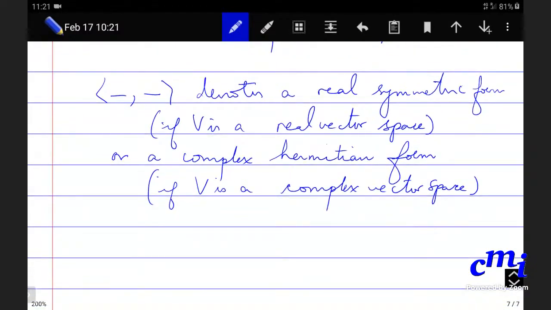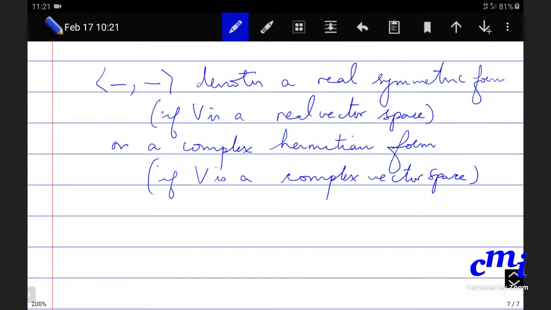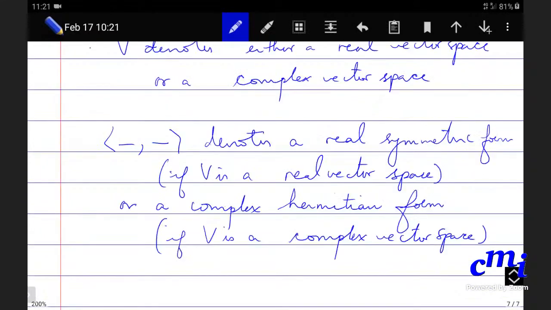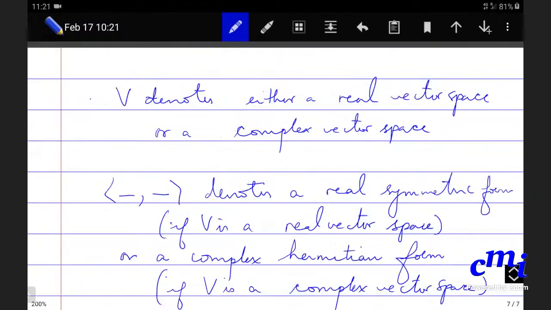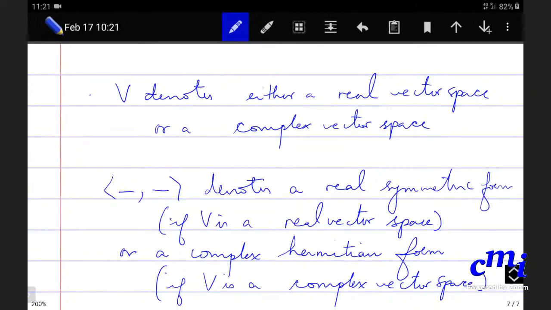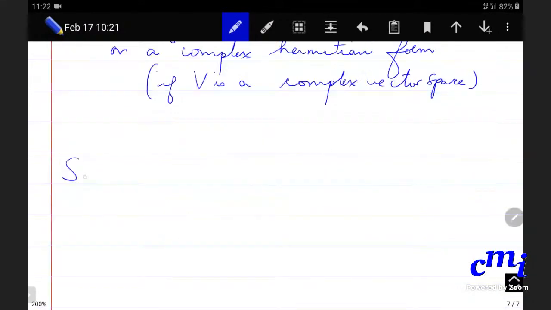So remember that we started out by thinking about this bracket thing, V bracket W, as a way to generalize the notion of a dot product. Define a notion of perpendicularity. Maybe this is the definition.